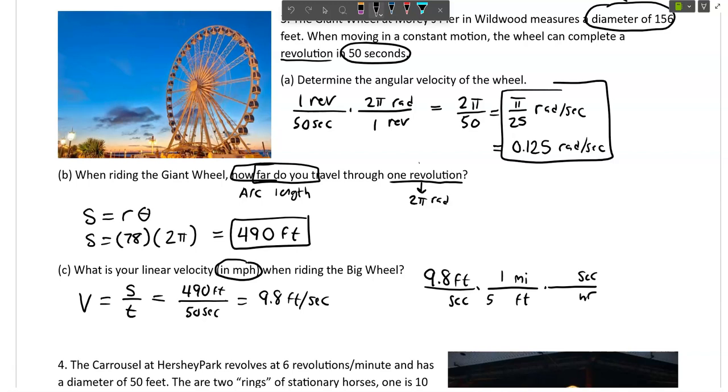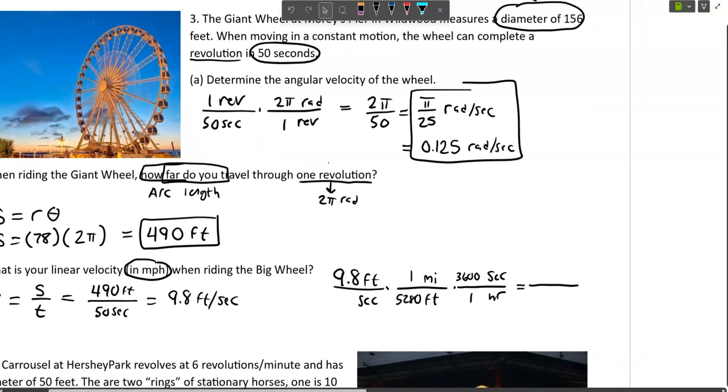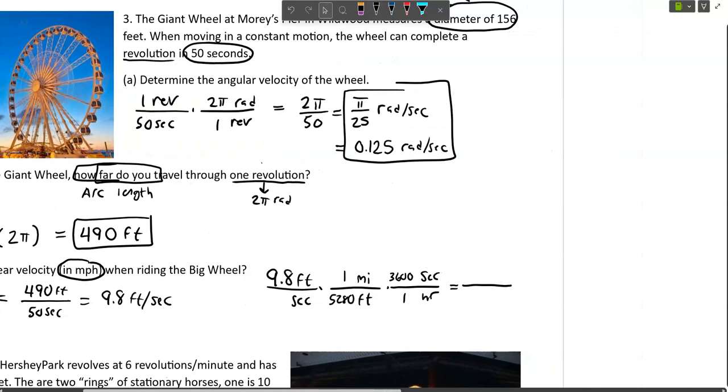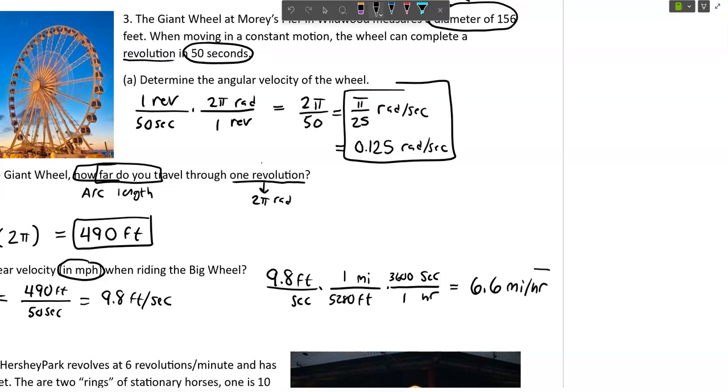So 1 mile is 5,280 feet. 1 hour is equivalent to 60 seconds. So we're going to multiply, actually 1 hour is not 60 seconds. 1 hour is actually 60 times 60, so it's actually going to be 3,600. Okay, so keep that in mind. We've got to be careful with that. And when I compute this all out, at the end of the day, we're going to end up with an answer of 6.6 miles per hour.